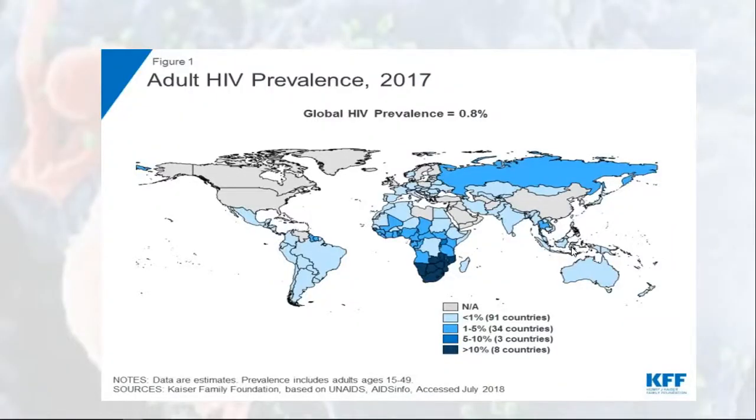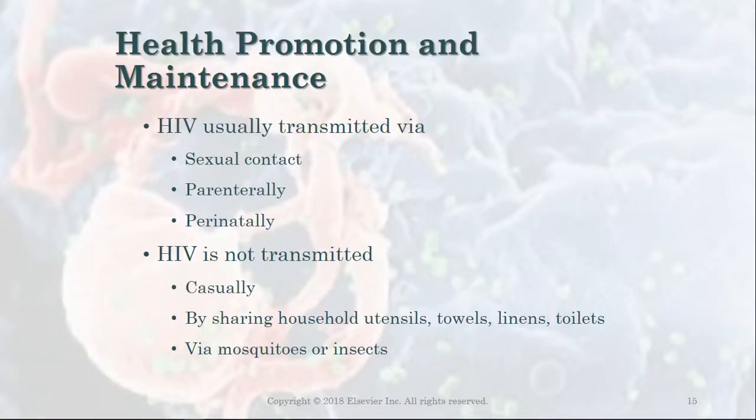So, adult HIV is a serious worldwide epidemic. Approximately 36.9 million people are currently living with HIV, and that's the most recent data we have, from UNAIDS in 2018. Okay, now we're going to review health promotion and maintenance with our patients with HIV.